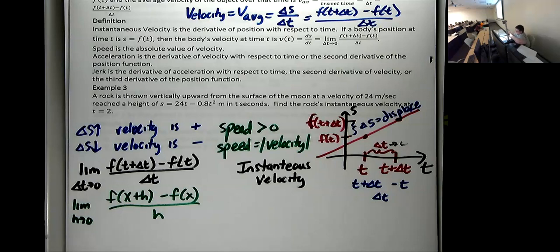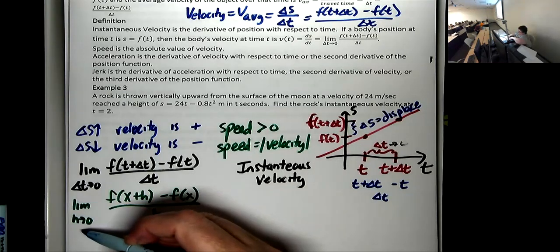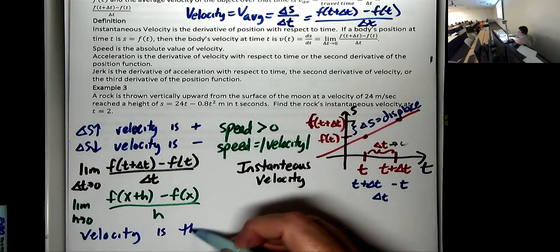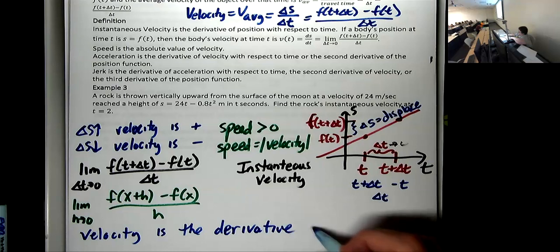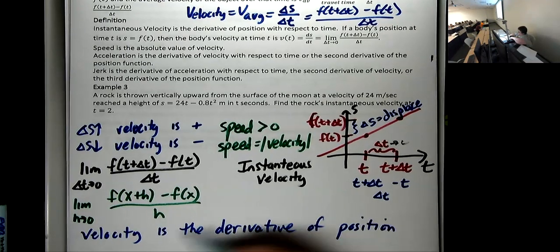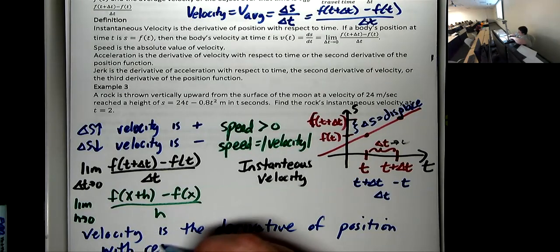We say velocity is the derivative of position with respect to time. We always have to say with respect to what?